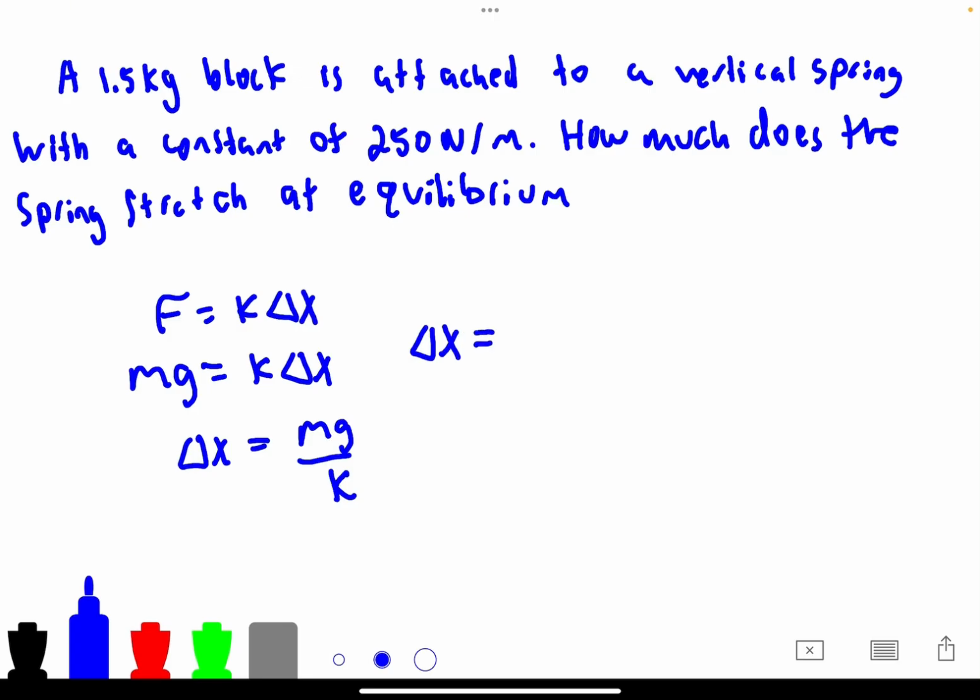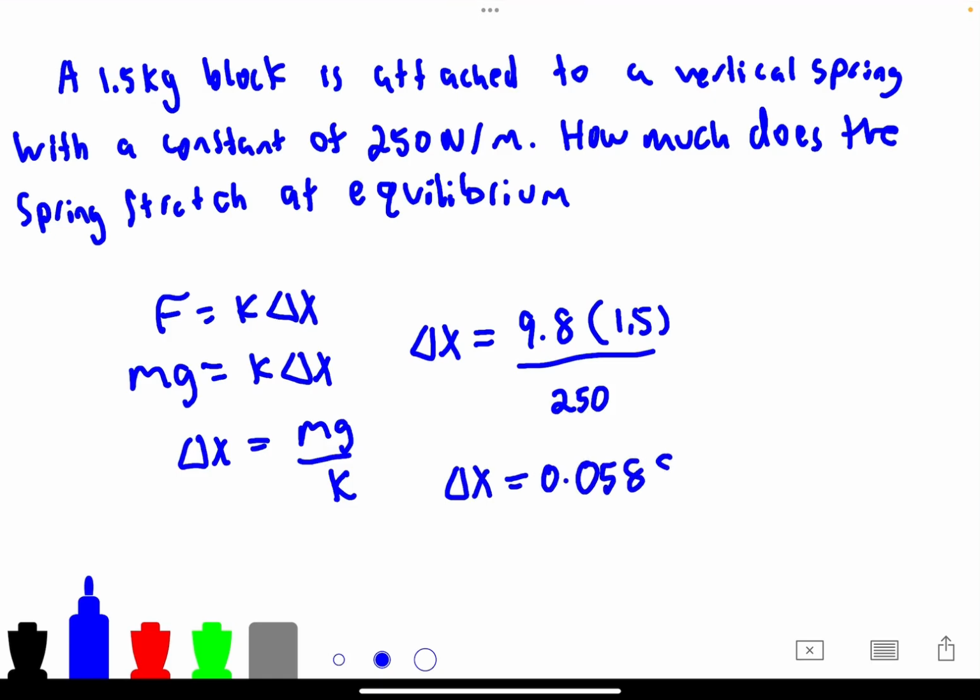Delta x is 9.8 times 1.5 over 250, which is roughly 0.0588 meters. So that would be the spring stretch at equilibrium.